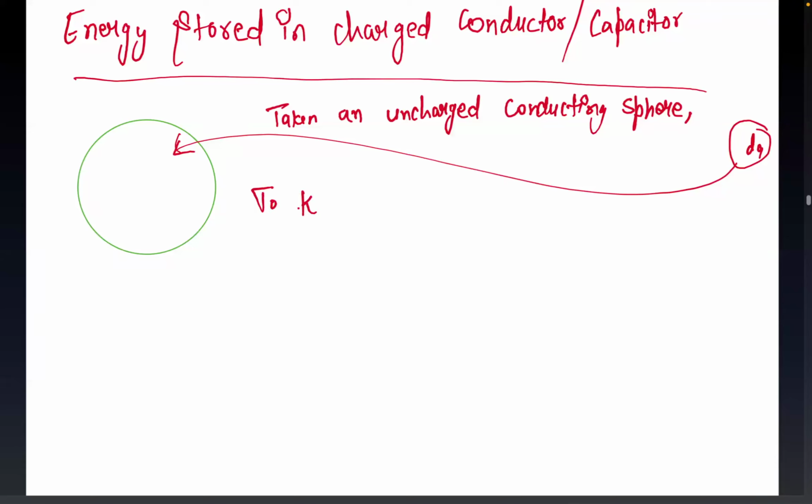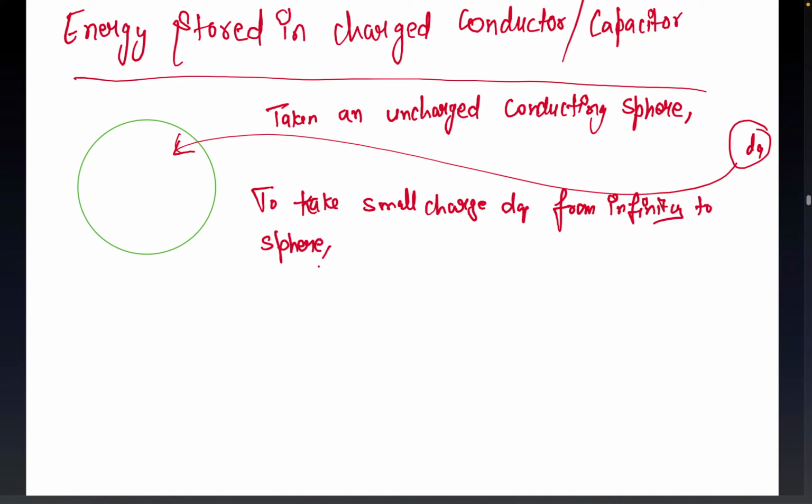To take a small charge dq from infinity to the sphere, how much work do I have to do in that case? Somewhere around zero, right? I'll be doing some small amount of work, nearly zero.